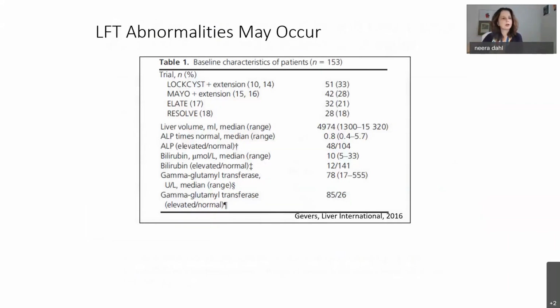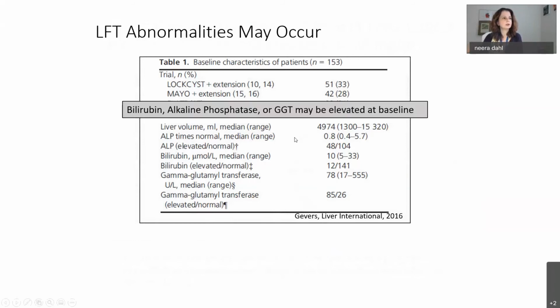So a couple of things to keep in mind. Liver cysts are very common in ADPKD, but not everyone develops that severe organomegaly. It's also common to have liver function abnormalities in ADPKD.